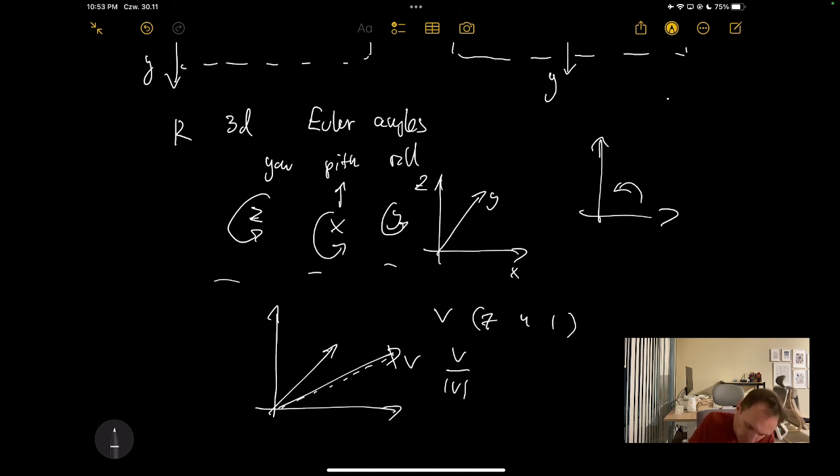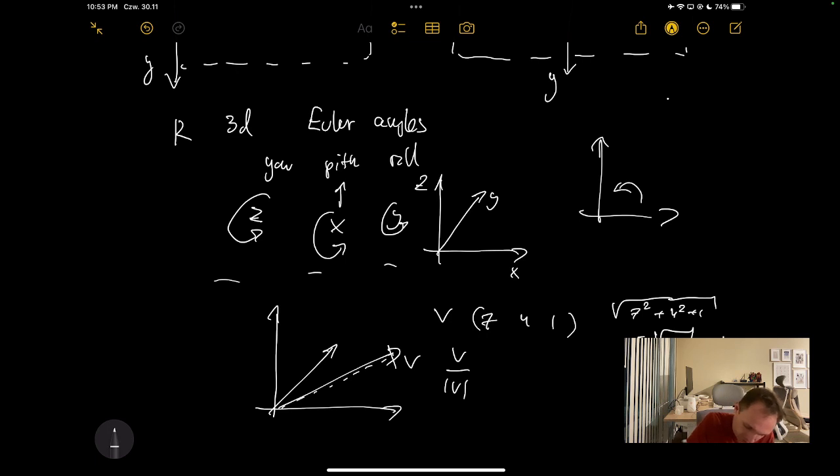So square root of 7 squared plus 4 squared plus 1 squared equals something, I don't know how much it is, like square root of 66, which is I don't know how much that is.